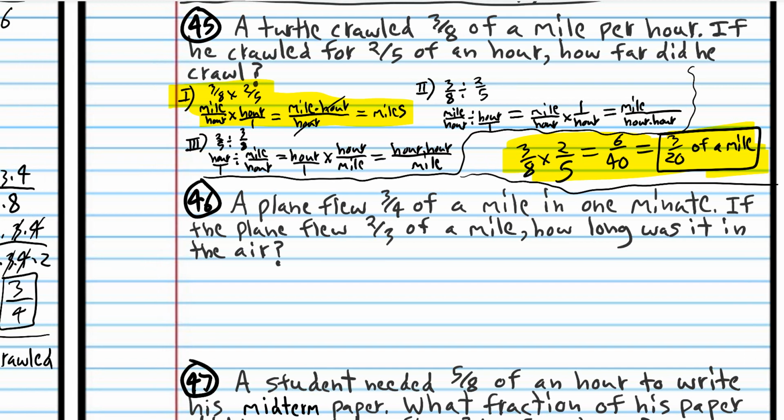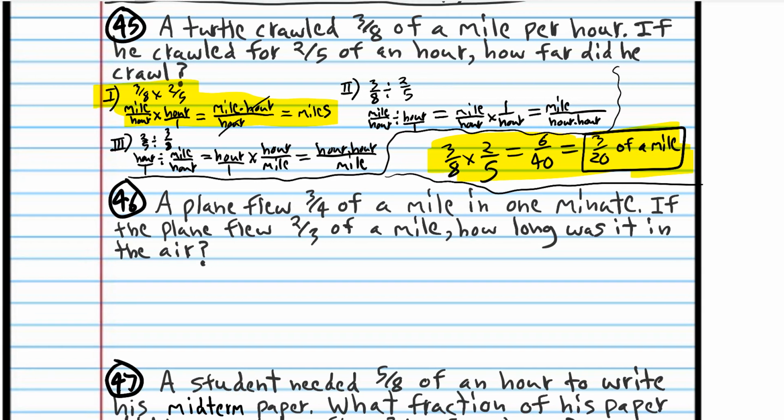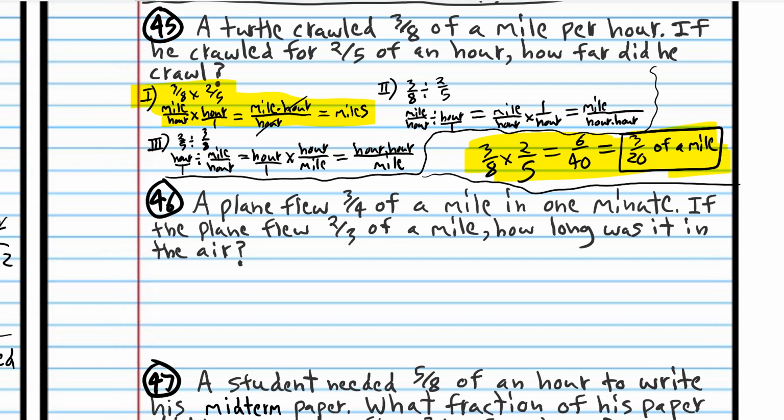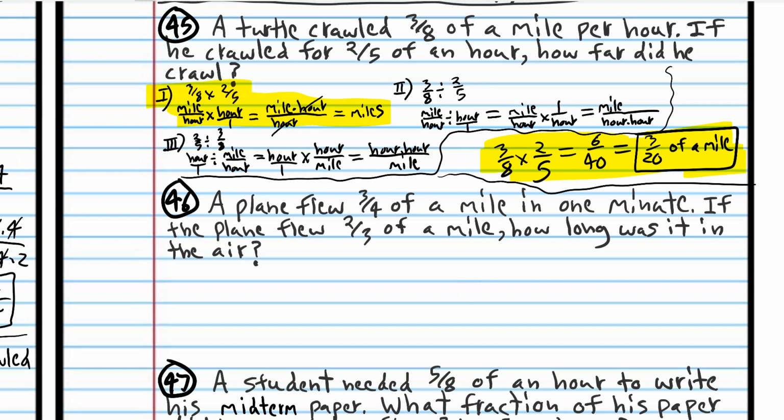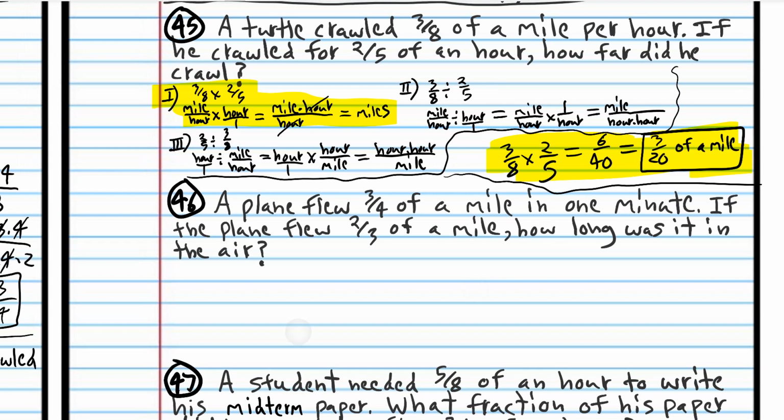All right, we're back. So 3/4 of a mile in 1 minute. And if the plane flew 2/3 of a mile, let's see, how long was it in the air? So this is actually going to be a division problem. Let's see if I can do this quickly. So I'm just going to do it the right way. I'm not going to show you the wrong way. So 2/3, that's miles.